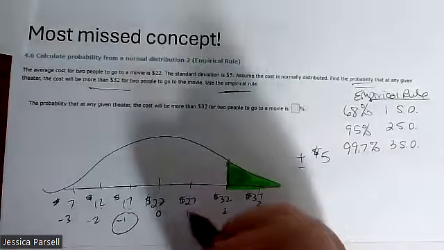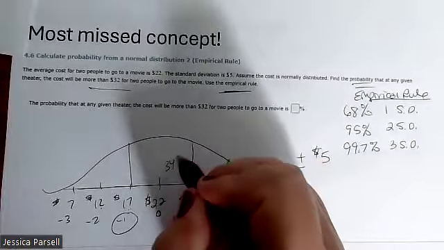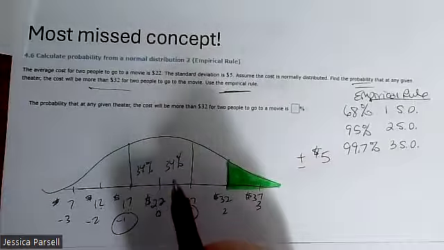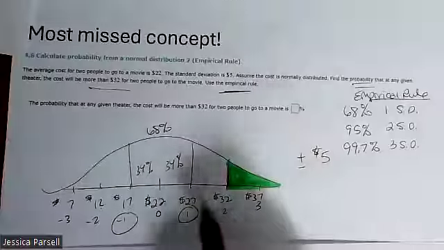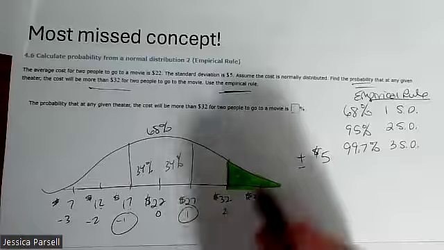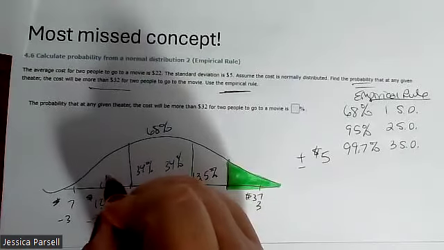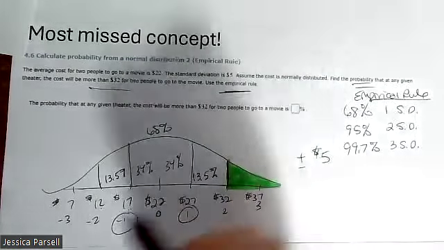From -1 to +1 deviations, there's a 68% chance, because 34 plus 34 adds to 68 percent chance that data will fall there. If we come out to 2 deviations, according to the empirical rule, we'll add another 13.5% here and another 13.5% here.